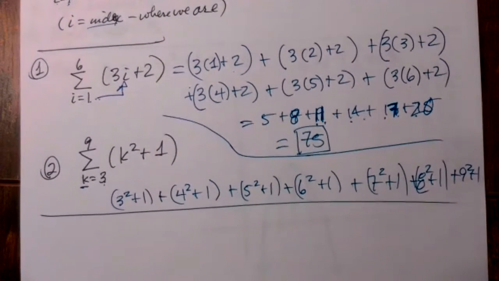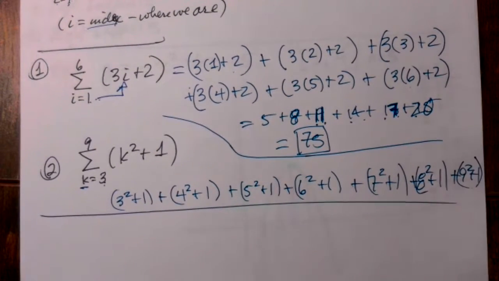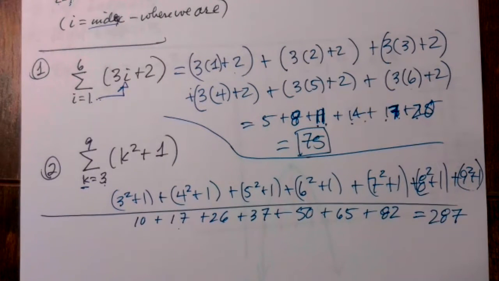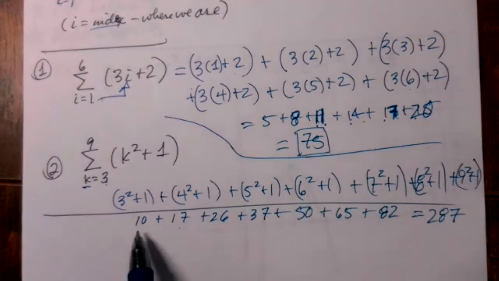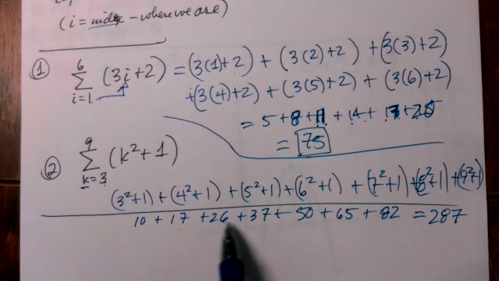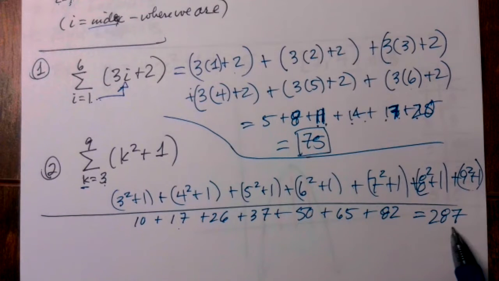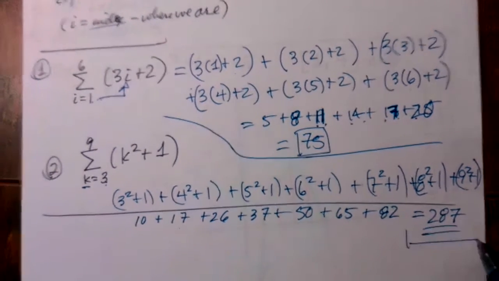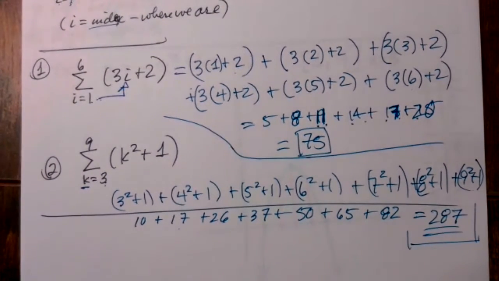And then we need to add all of that up. Through the powers of technology, this ended up 10 plus 17 plus 26, and all of that added up to 287.